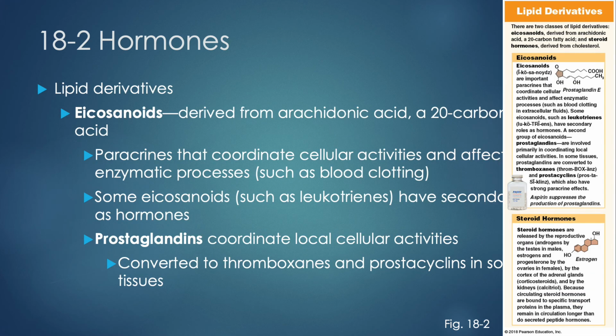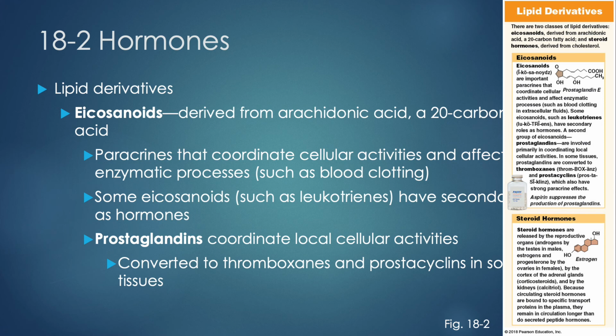The lipid derivative hormones are broken down into eicosanoids and steroid hormones. The eicosanoids are going to be derived from arachidonic acid, which is a 20-carbon fatty acid. And these are paracrines that coordinate cellular activities and will affect enzymatic processes, which include things such as blood clotting. Some of our eicosanoids, such as leukotrienes, will have secondary roles as hormones, and leukotrienes are really inflammatory mediators.